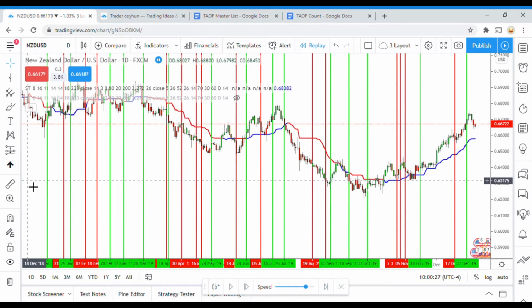So 30 signals, and we have 1, 2, 3, 4, 5, 6, 7, 8, 9, 10, 11, 12, 13, 14, 15. 15 winning trades, and so unfortunately that is not going to meet the 60% criteria that we are looking for.